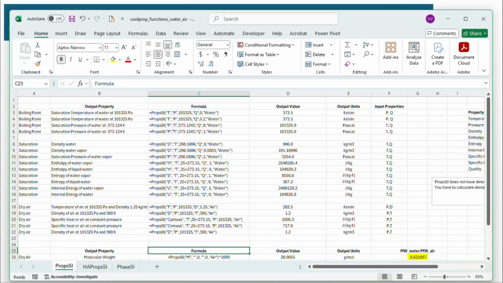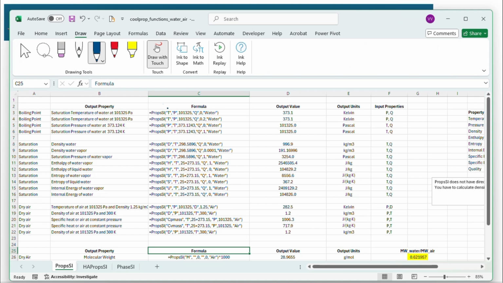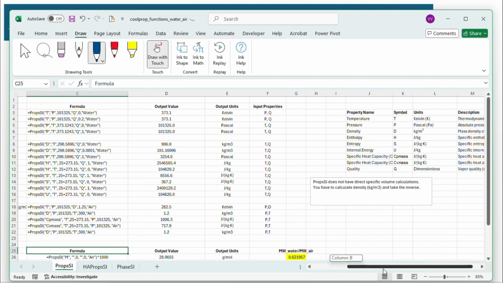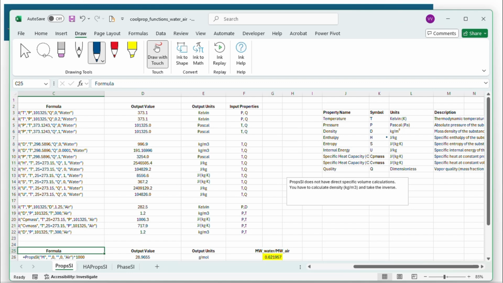Now, saturation pressure and temperature, T and P, are not the only parameters that could be calculated using CoolProp. You could calculate other properties like density, enthalpy, entropy, internal energy, specific heat, etc. So, what are the symbols used for these properties?